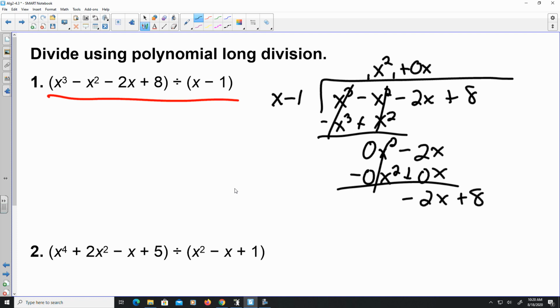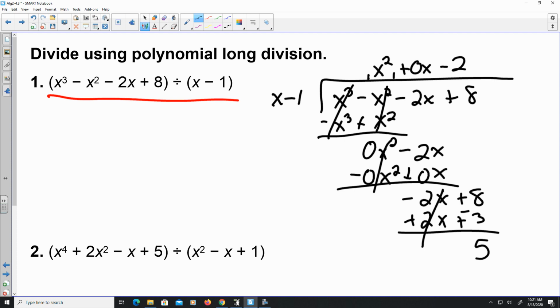And from here, I can take minus 2. So negative 2 times x is negative 2x. Negative 2, so that becomes positive 3. Plus minus cancels. This turns to 5.